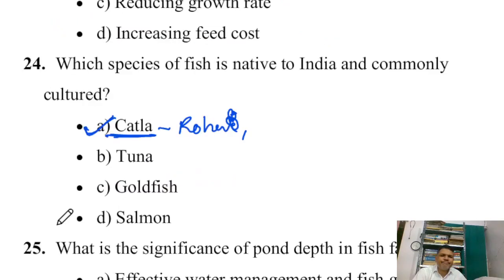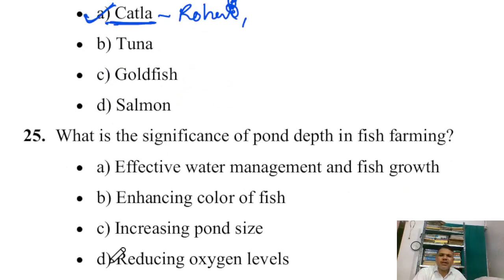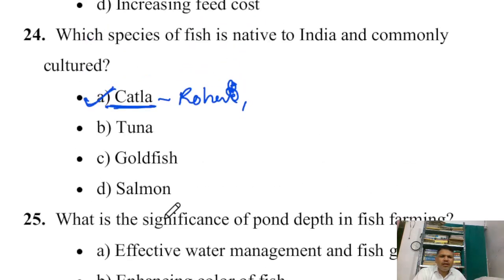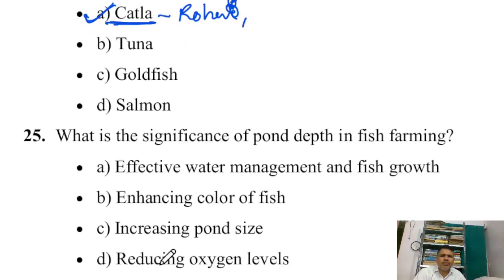Next one: what is the significance of pond depth in fish farming? The options are correct depth for fish farming, effective water management and fish growth, enhancing color of fish, and increasing pond size. What is the significance of pond depth in fish farming?